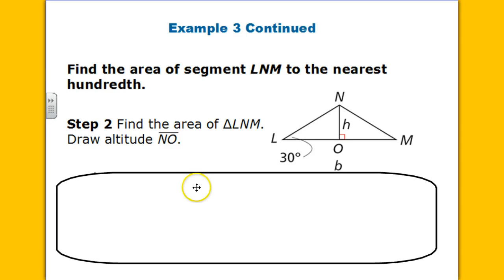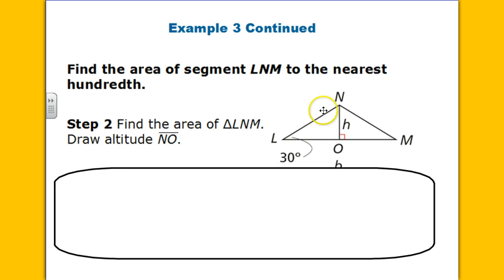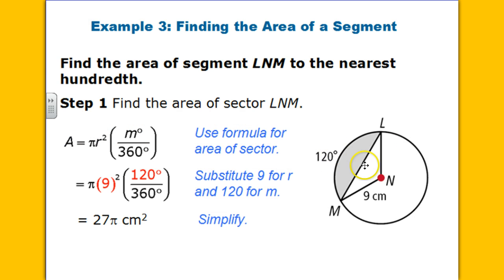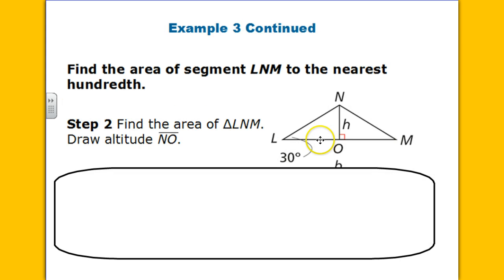Well, we know that NO would give us the height we need, the altitude. We know the central angle gave us this angle, LNM, which was 120 degrees, right? So the other two angles are congruent because it's isosceles. 180 minus 120 is 60, so they each must be a 30-degree angle.